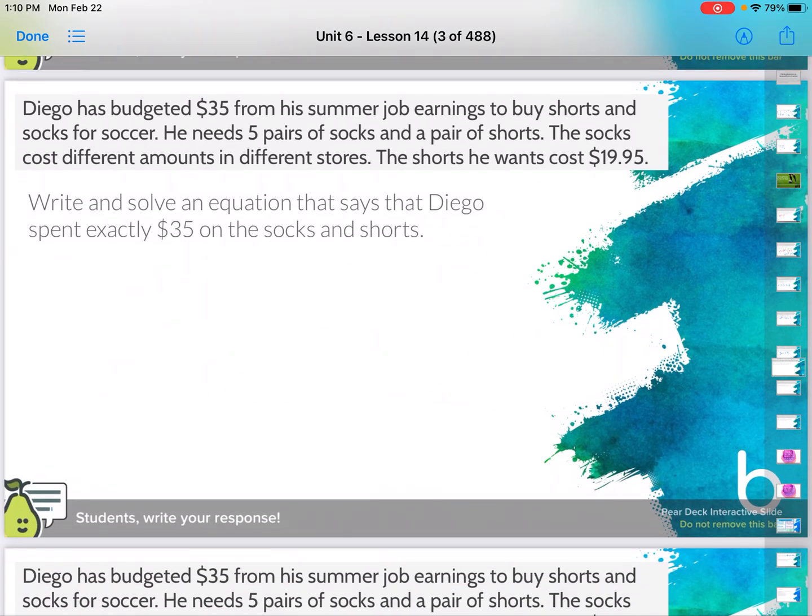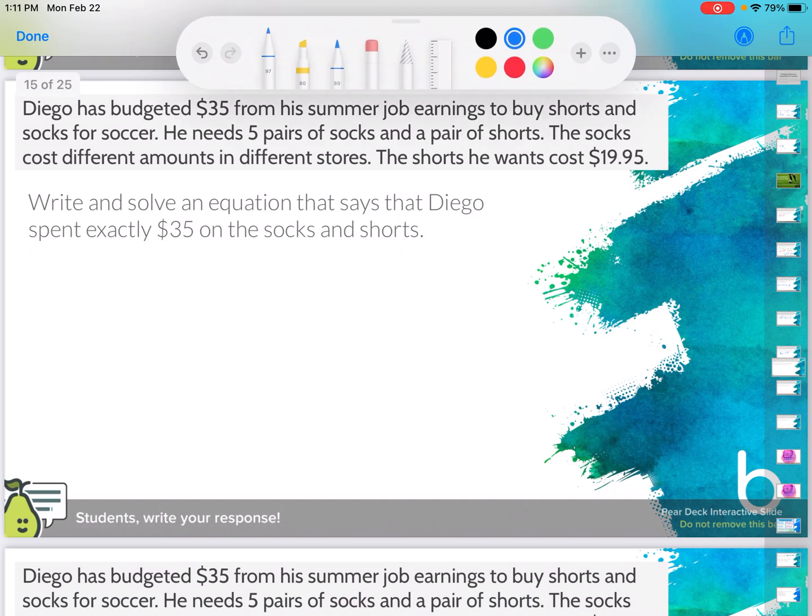Write and solve an equation that says Diego will spend exactly $35. Well, exactly means I need to have an equal sign. So 5x plus $19.95 equals $35.